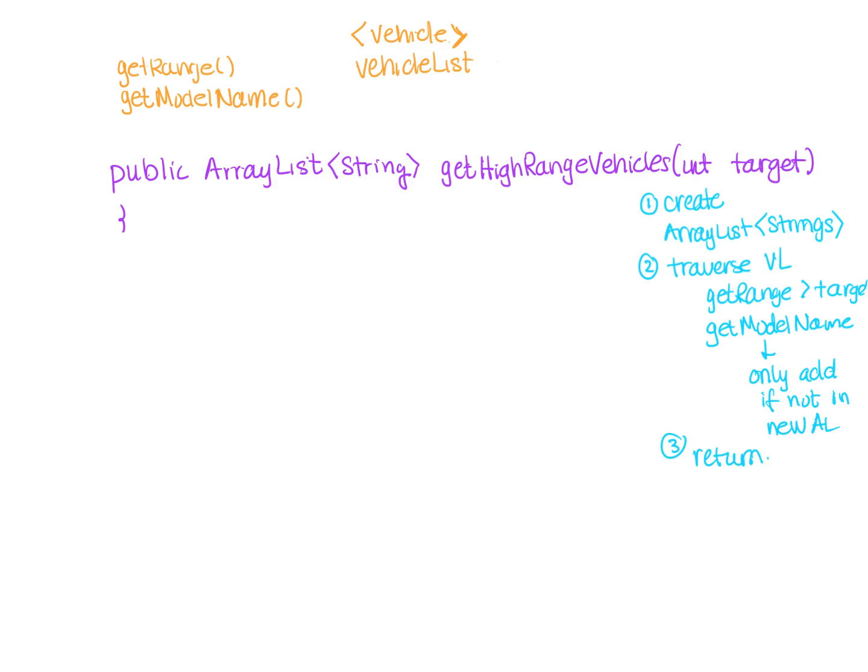Okay, so let's go up there. The first thing we're going to do is create an ArrayList of strings. The data type is String, and we're going to call it model.